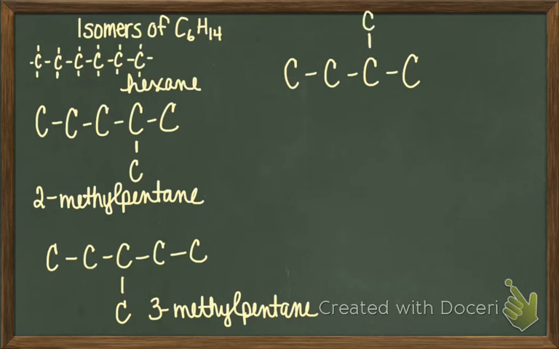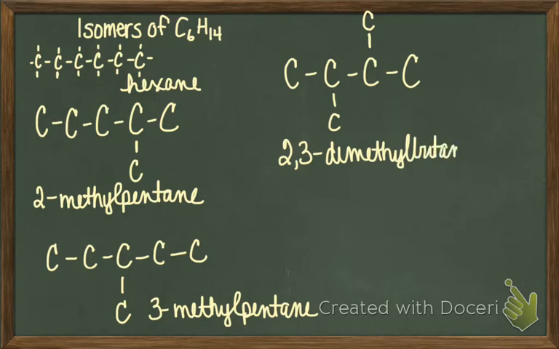So I can put one here, and I can put one here on 2 separate carbons, and that would be named 2,3-dimethylbutane.